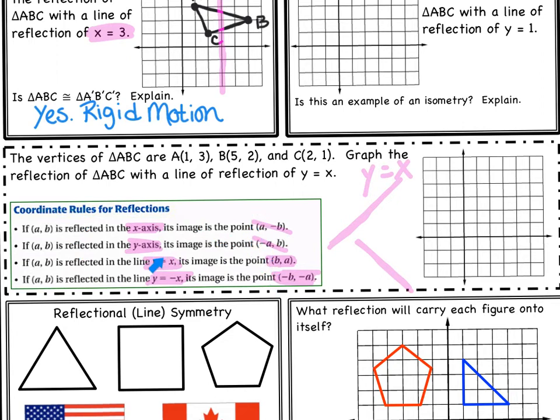So if I'm reflecting over the line y is equal to x, which is that diagonal line with a slope of 1, then my rule is (b, a). Now what that means is I'm swapping the x and the y coordinate. I'm just switching them. So the original coordinates will swap places. Now, if I'm reflecting over the line y is equal to negative x, I'm still swapping, but they're both going to become negative.